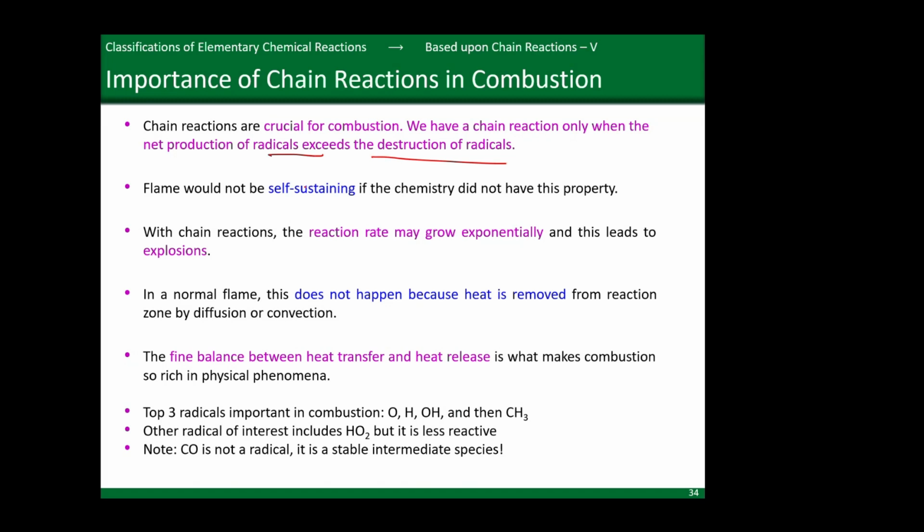And that's when you can have a stable flame. Okay, and if we did not have chain reactions, then the flame would not be able to sustain itself, because when you talk about a flame, you ignite it once, then it stays alive by itself.